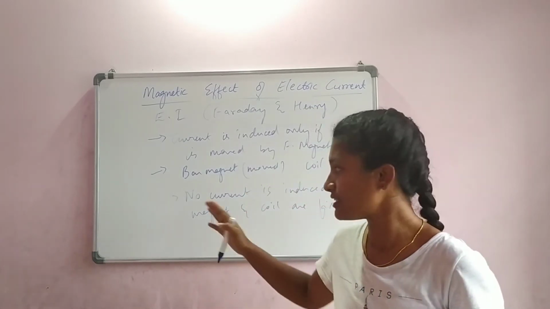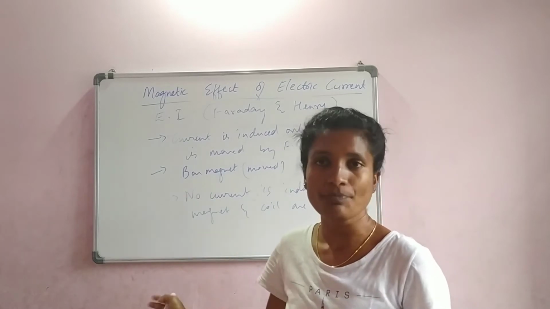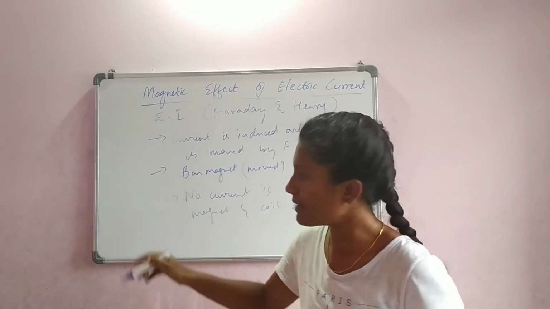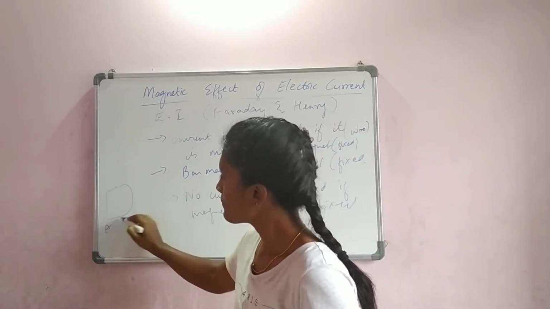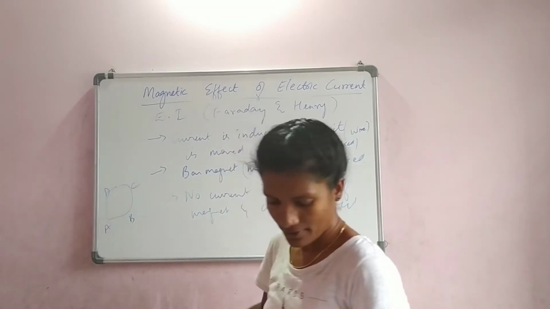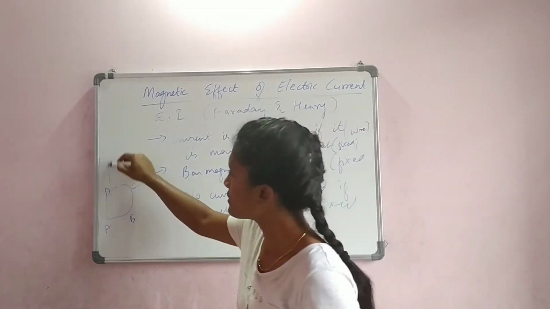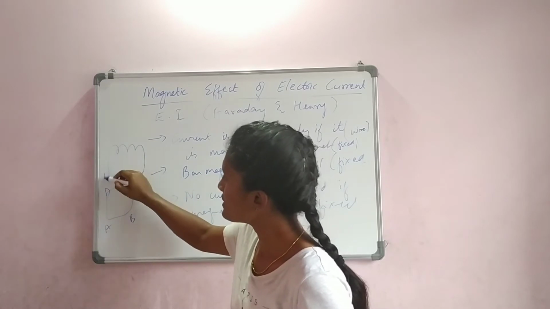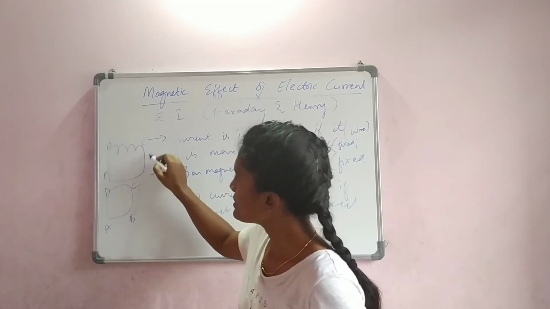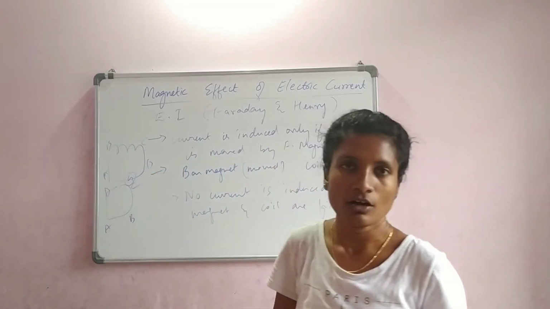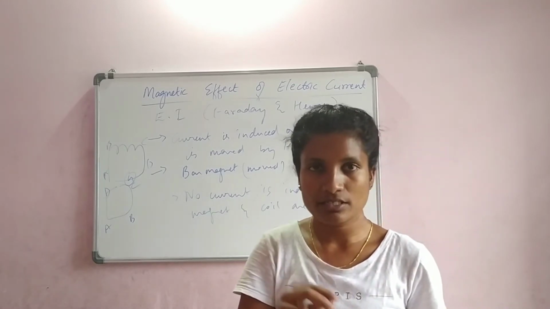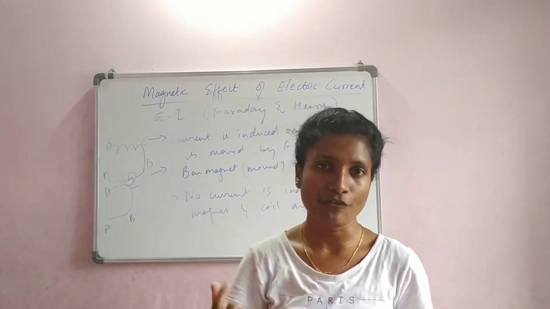In the second experiment also, ABCD is the coil, right? Like this. Let us call this A, B, C, D. Here is the galvanometer. So the coil is fixed and the magnet is being moved.